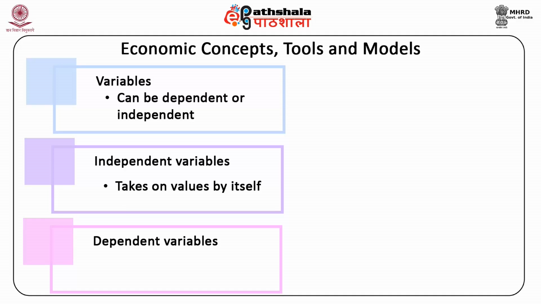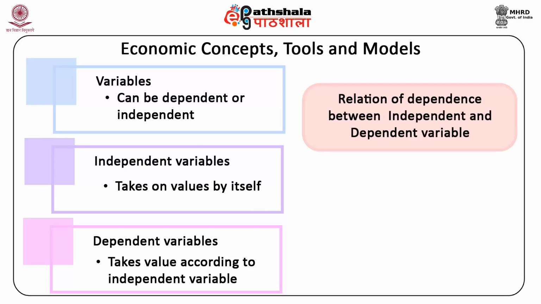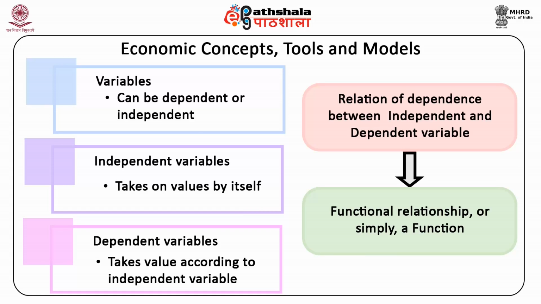A dependent variable takes on values according to or as per the independent variable. This relation of dependence between the independent and the dependent variables is known as a functional relationship or simply a function. It means that the dependent variable functions according to the independent variable.